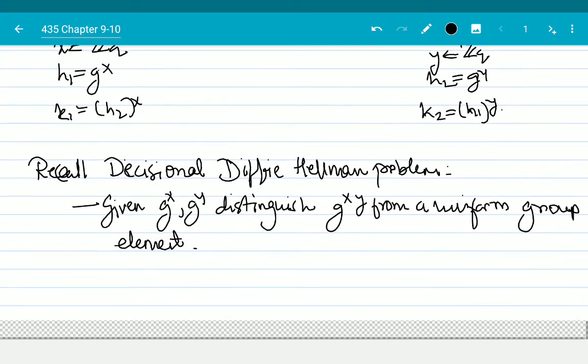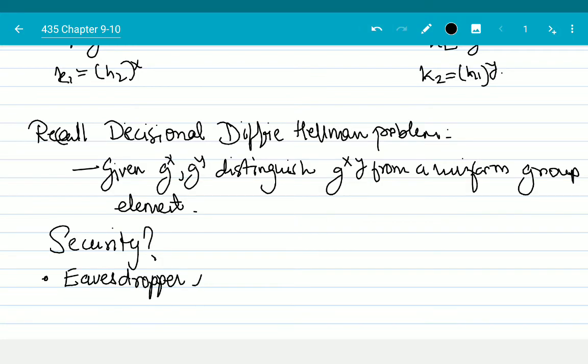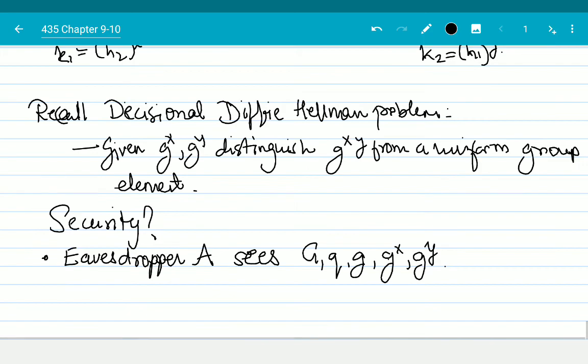Now, in this case for security, what is happening? Eavesdropper A sees G, q, g, and g to the x and g to the y. He does not see what x and y are, just g to the x and g to the y.